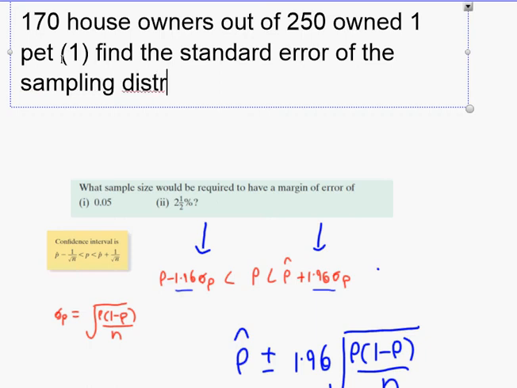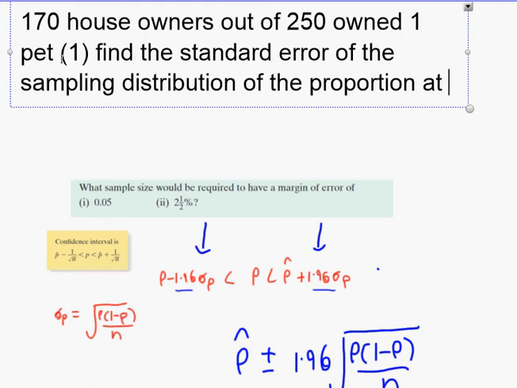The language is very hard. The key word is proportion, isn't it? So when you see the word proportion, you know you're using your p-values at the 95% confidence interval.